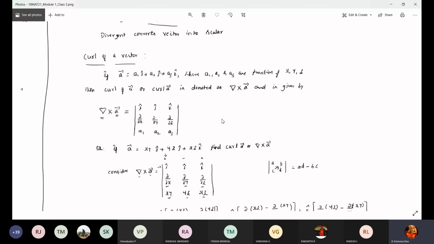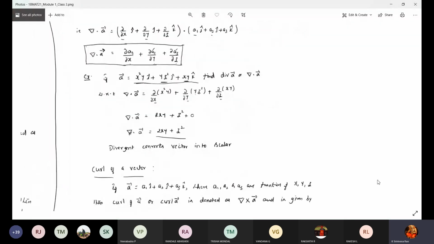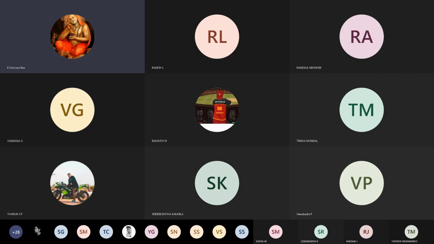So today we will solve problems on divergence and curl. Is it clear? Any doubt?